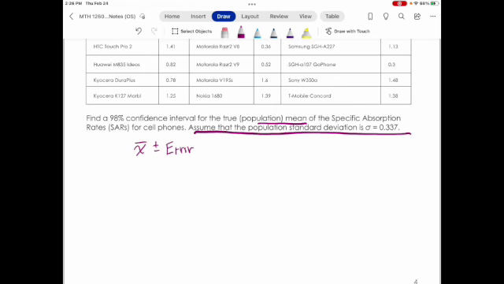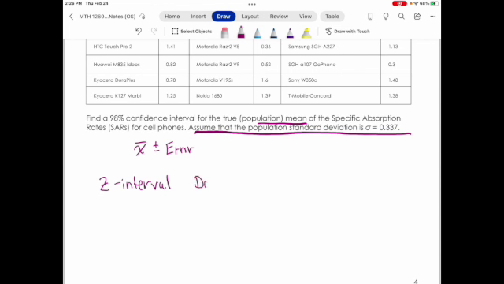We can actually go straight to finding the confidence interval by using z-interval, like I showed you in the previous example. But instead of picking stats, where we know what the sample mean is and all those values and plug them in, now we have to actually calculate it first.